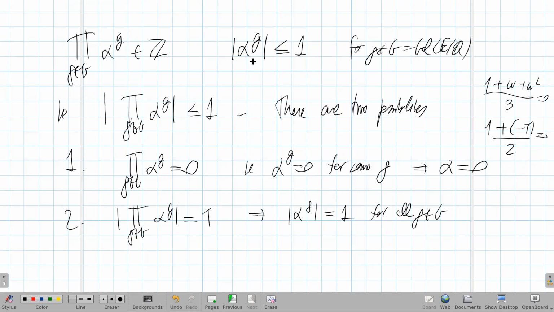Because if the absolute value of one of these is less than 1, then the product cannot have absolute value 1.